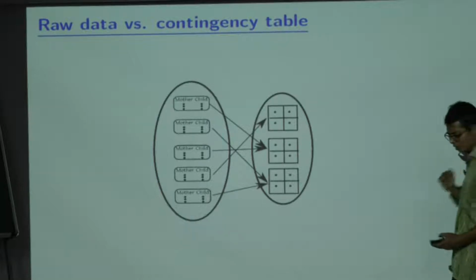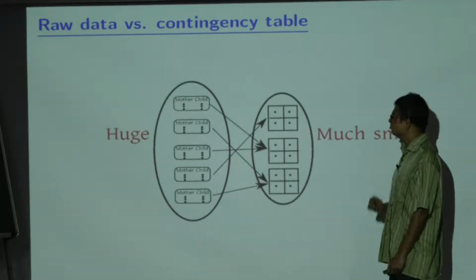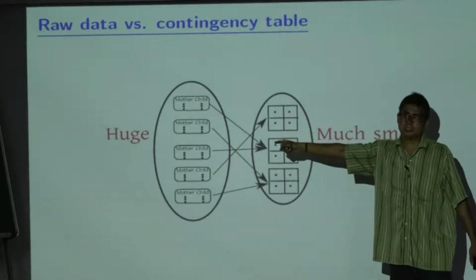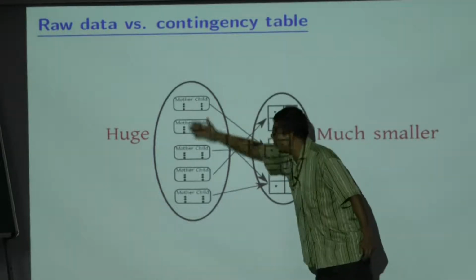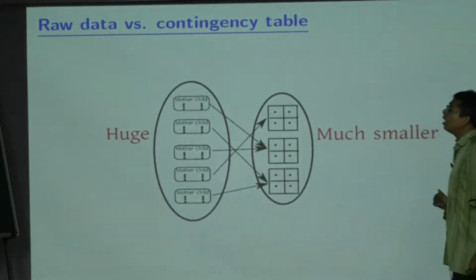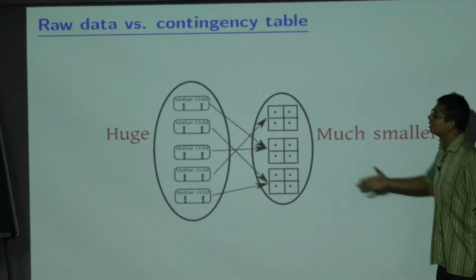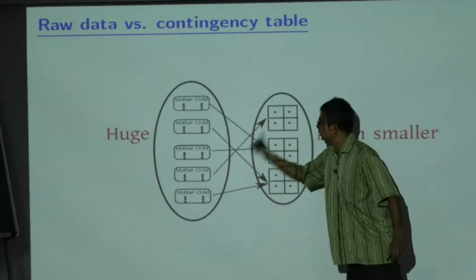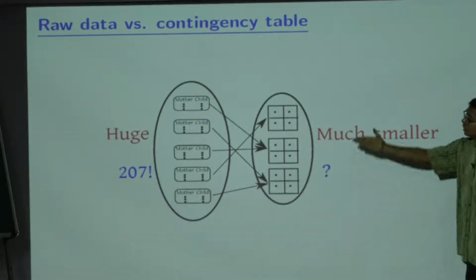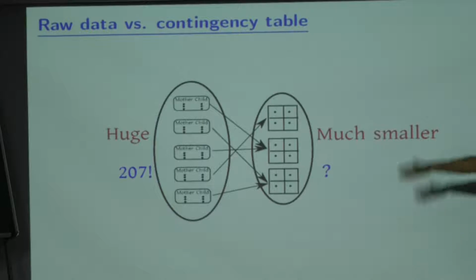This has one little disadvantage. That is a huge set. So you are trying to sample from a set of 207 factorial. This obviously is much smaller. It's way smaller than that. This function is many to 1. That one is 207 factorial. You can compute it.